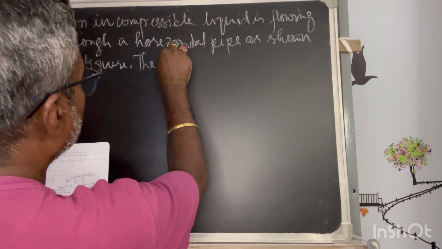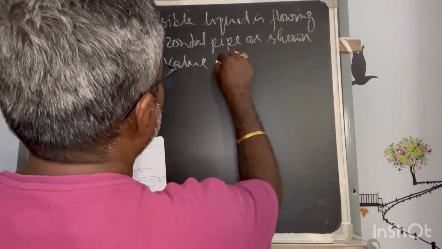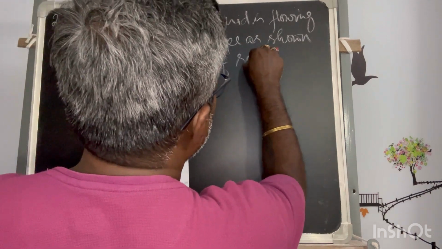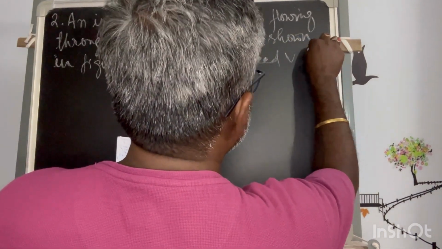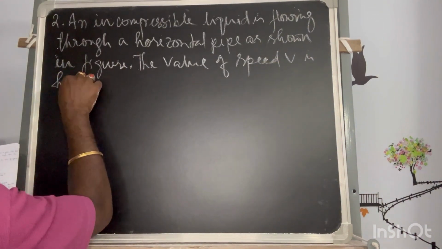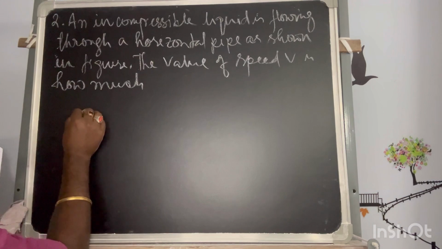The value of speed V is how much? Okay, so I will draw the diagram.